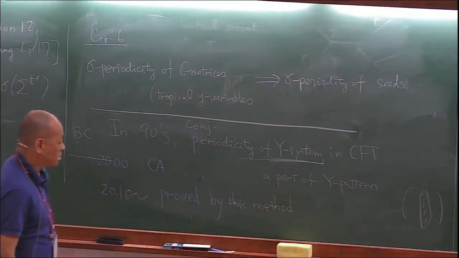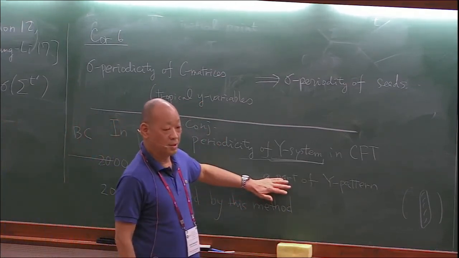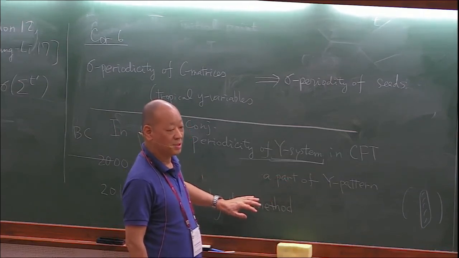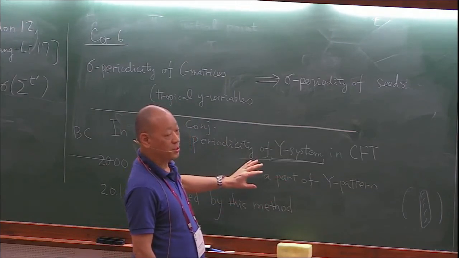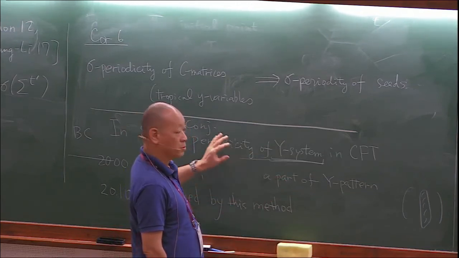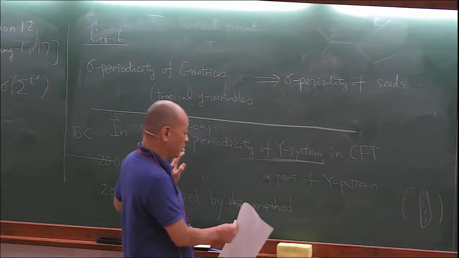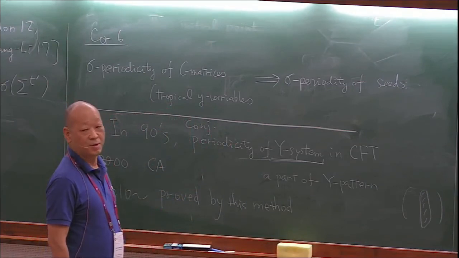And it's not just a tool, but without this, you can't do anything. So this is really the reason why periodicity is justified. So cluster algebra, cluster pattern structure, is responsible for the periodicity of this Y system. That is what I learned after 20 years of studying this. Okay, thank you so much.